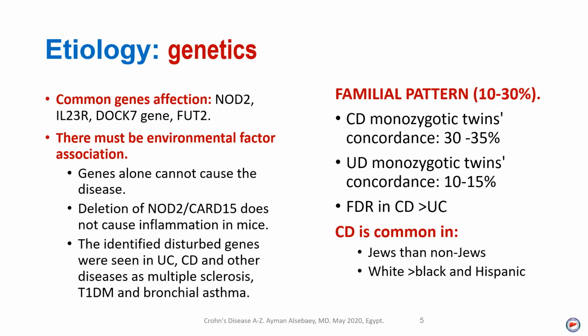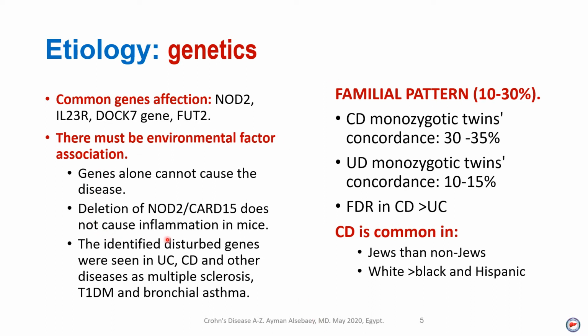The first component in the etiology of Crohn's disease is the genetics. Okay, we should know the following facts about genetics. Number one, genetics alone, or the presence of genetic mutation alone, doesn't mean phenotypic expression of the disease.